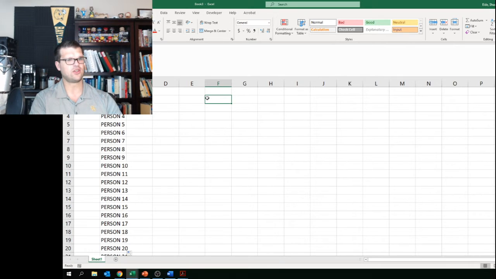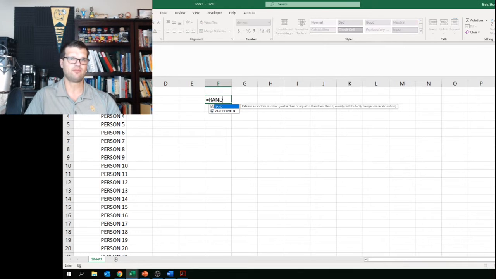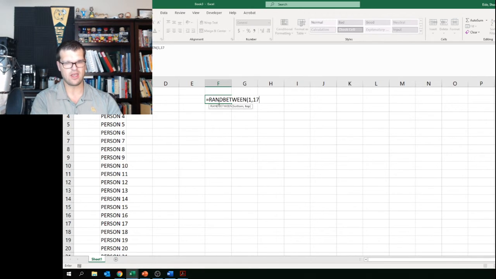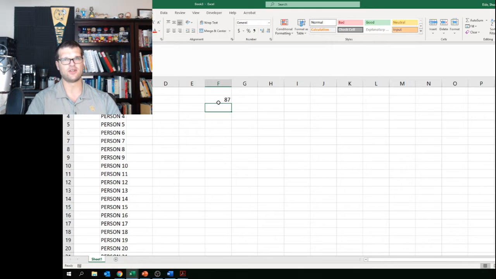I say equals RANDBETWEEN, put 1, comma 178, and press enter. It gives me 87, which is between 1 and 178, and if I double click again, 112.